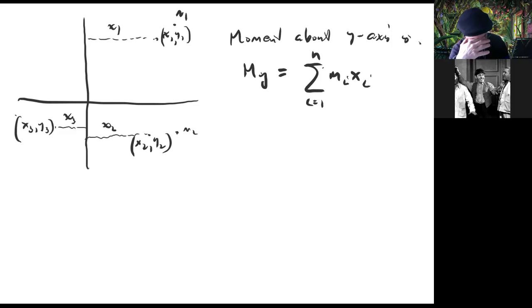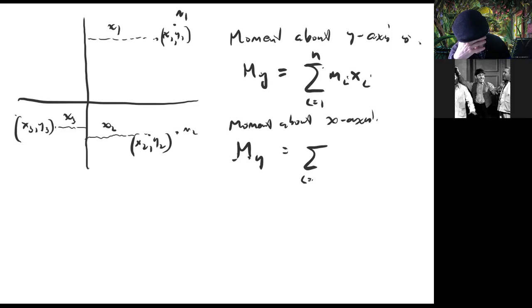And similarly, the moment about the x-axis is denoted capital M sub x, and that is the summation i goes from 1 to n of mi yi.